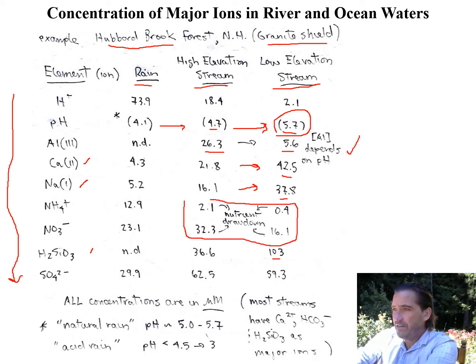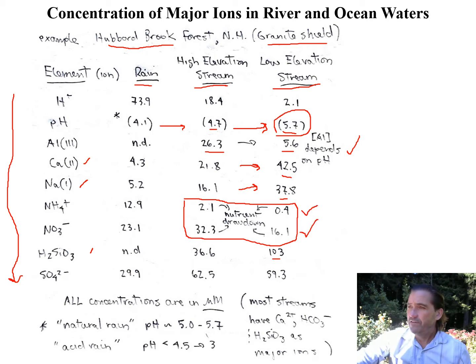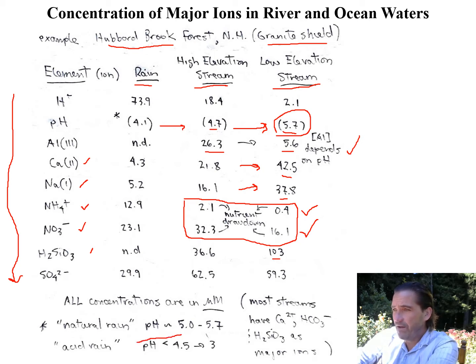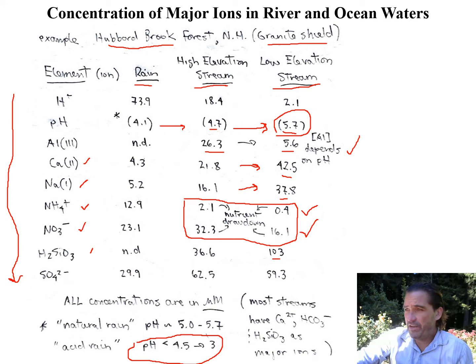We actually see uptake of these nutrients, and maybe that's a good sign that photosynthesis is occurring, such that we get a drop in nitrate and we get a drop in ammonium ion. Just note that we are up in New England, and they do experience quite a bit of acid rain up there due to the industry that's in the upper Midwest.